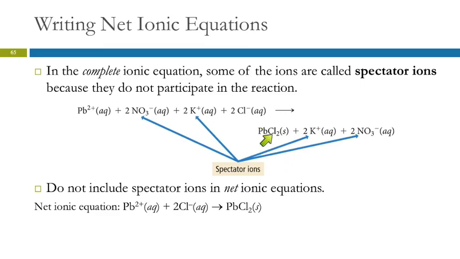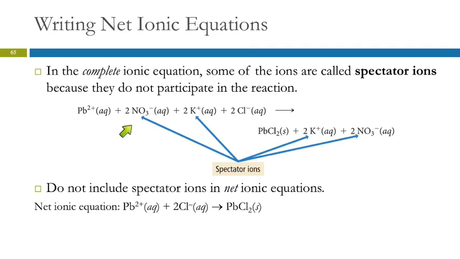Well, potassium and chloride hit it off. They are in a relationship now. But potassium and nitrate did not find their soulmates. They're still just kind of hanging out. So nothing happened to them. So we don't include spectator ions in the net ionic equation.